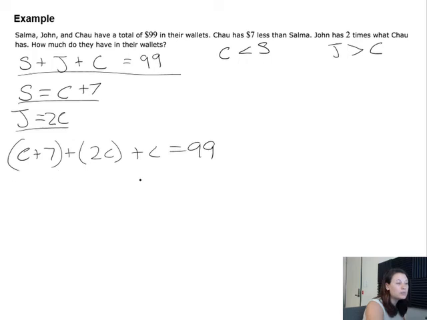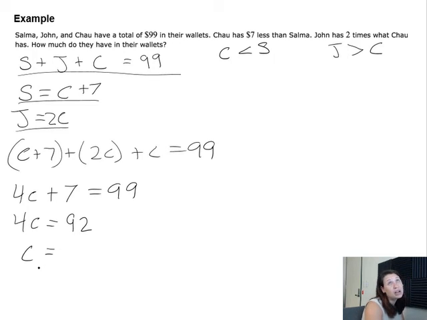So combine like terms, we have C, 2C, and C again, so that's 4C plus 7 is equal to 99. So 4C is equal to 92. Dividing by 2 gives us 46 over 2, so then divide again, that is 23.